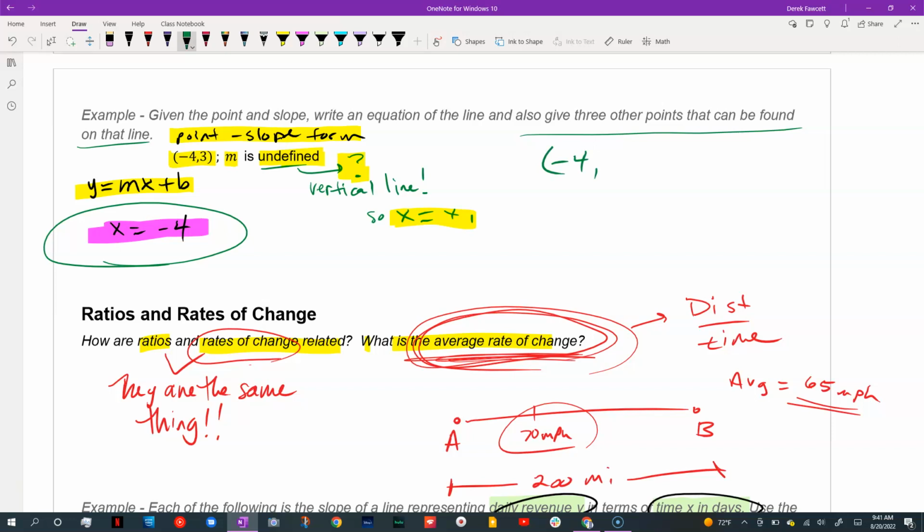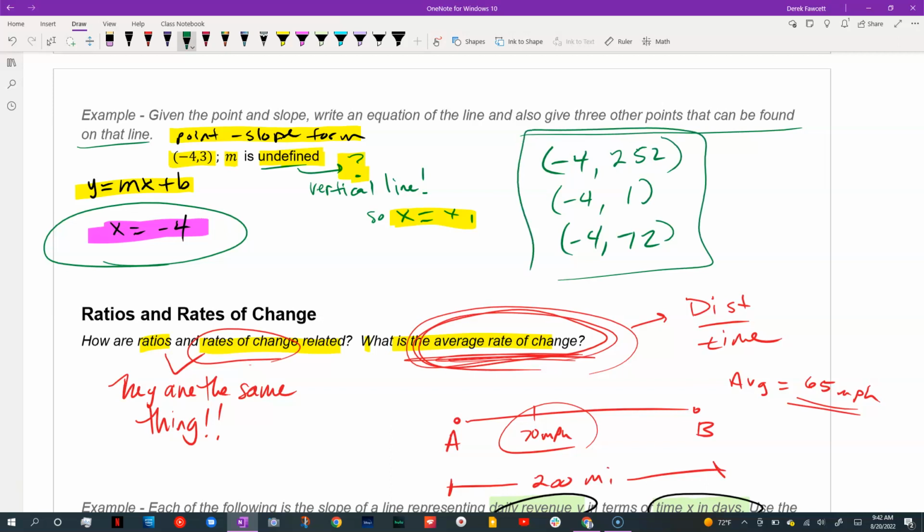Whatever they are, it's going to be -4 as your x value. Then pretty much anything you want for y: you can do 252, you can do 1, or -12. Really any, as long as it has -4 in there. So that one was easy. Sorry, I forgot to go over that one.